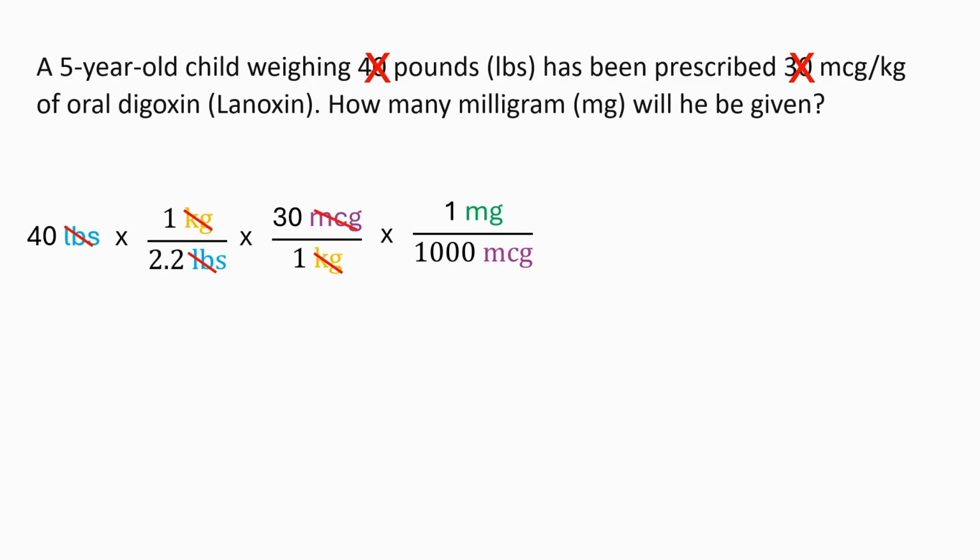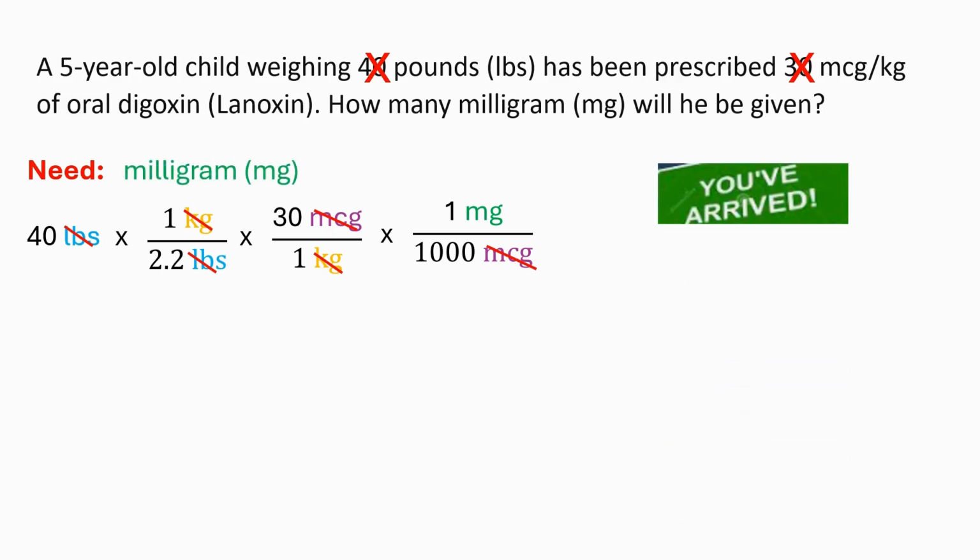Let's cross out the microgram. Now, if you remember at the beginning, we're looking for milligram. So this means that we have arrived at our final destination because we have milligram on the top.